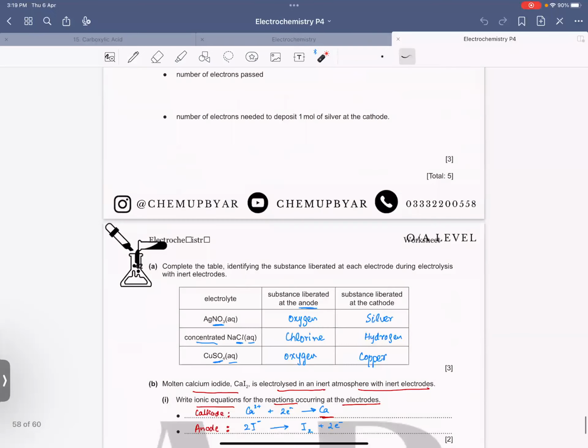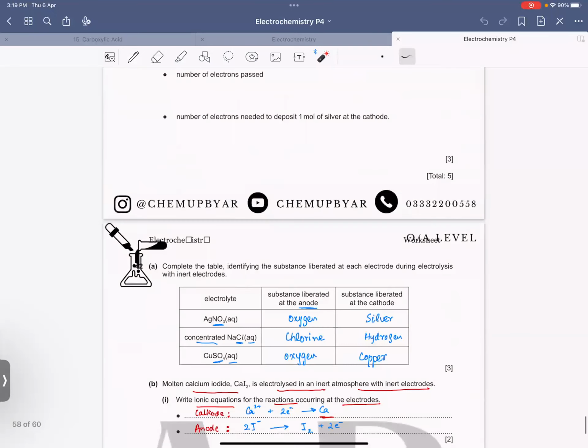Okay, look at this question. An oxide of iron is dissolved in an inert solvent and is electrolyzed for 2 hours using a current of 0.8 ampere.